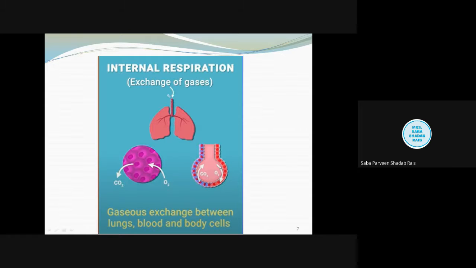Now this blood will go cell to cell and will give the cells the oxygen and take off the waste metabolic. Okay, so here there are two things: one is to deliver the parcel as well as to take the waste material. So this way the gaseous exchange between the lungs, blood and the body cell is known as the internal respiration.